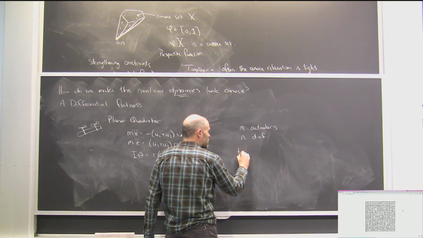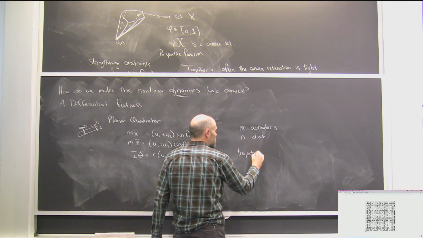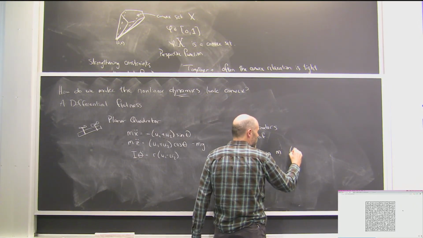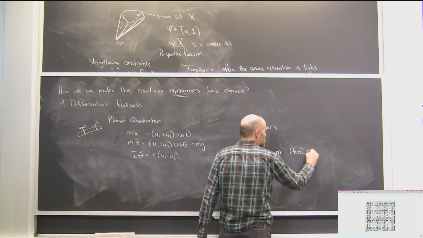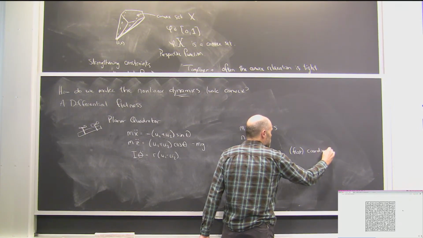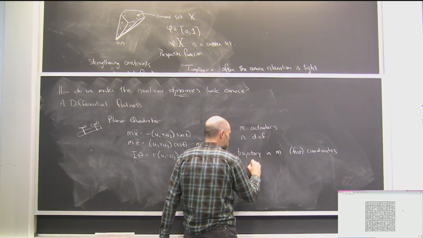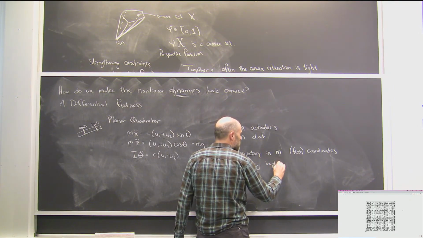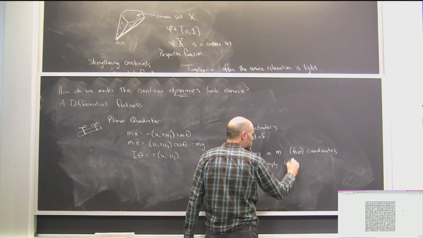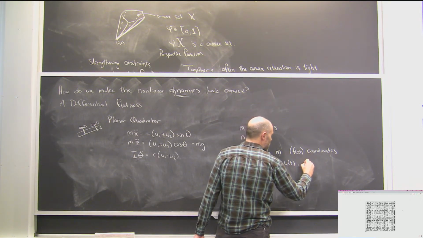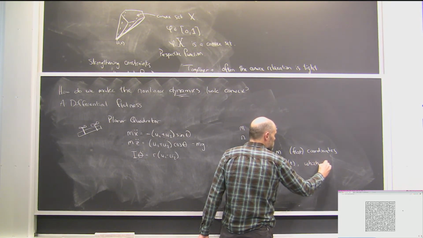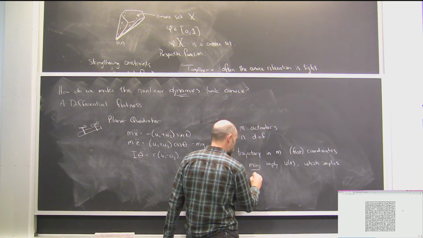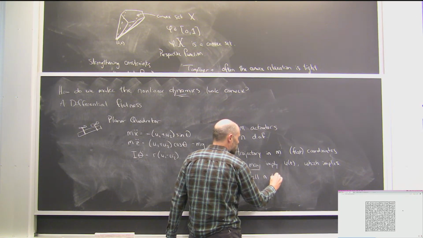A trajectory in m flat coordinates may, if we find the property, imply what you must have been doing, which implies all n degrees of freedom.